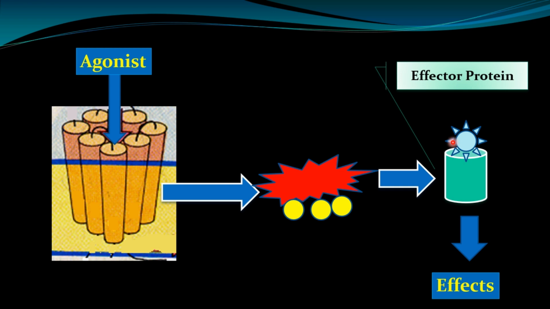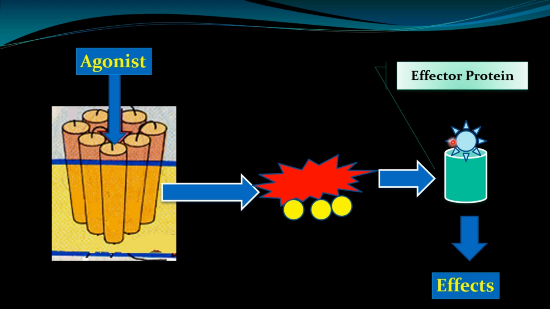Another example is the alpha-2 receptor. It is linked with GI, and these alpha-2 receptors are autoregulatory and they are present presynaptically, and they auto-regulate the release of the norepinephrine from the synaptic nerve, that is the neurotransmitter, at the synaptic level.